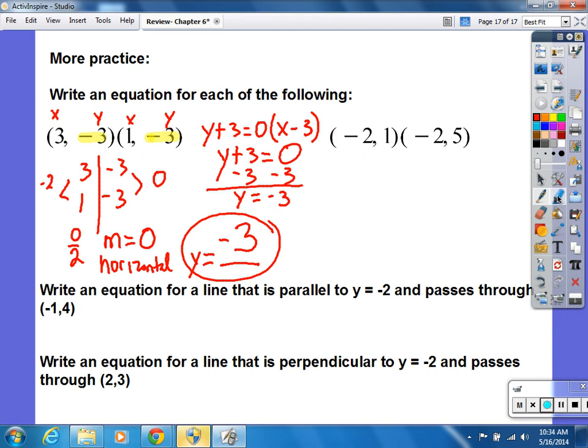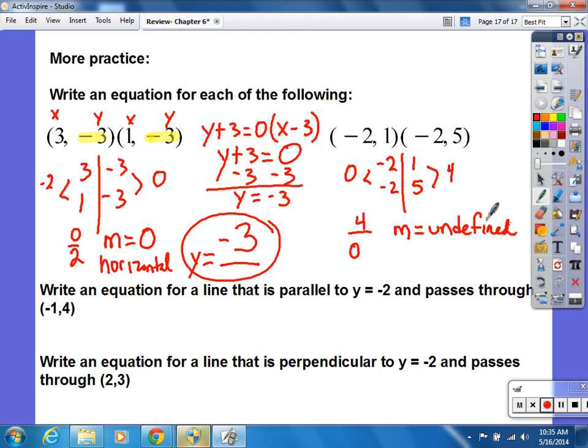All right, here's another example. If I go to find the slope of these 2 points, I see that I have a change in y of 4 and a change in x of 0. And remember the day that we plugged into our calculators, 4 divided by 0 gave us an error message? What this is telling us is that the slope is undefined. I know this means that this is going to be a vertical line.